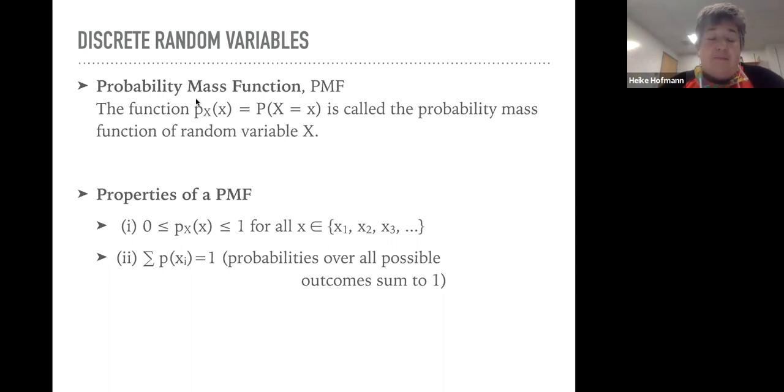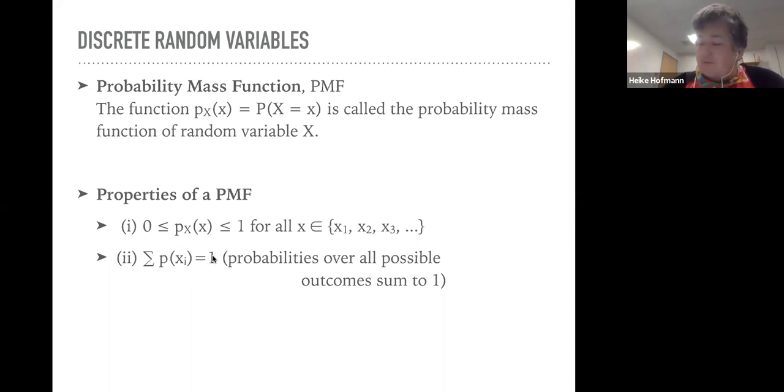The properties of this probability mass function: all of the values of this little p_X are between 0 and 1. That's just because p_X is a probability and we've defined probabilities to be between 0 and 1. The second property is that if we take all of the possible outcomes of X, all of the possible probabilities, they will sum up to 1.